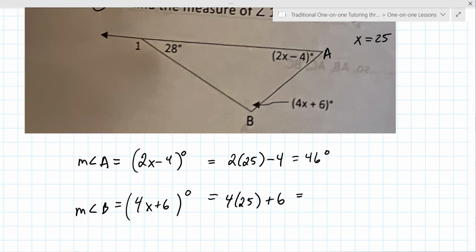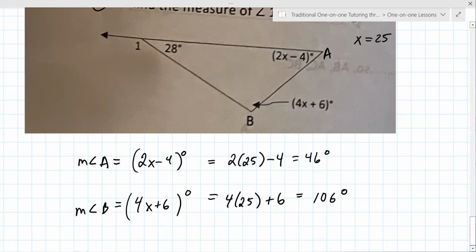I'm simplifying that. $106. It is 106 degrees.